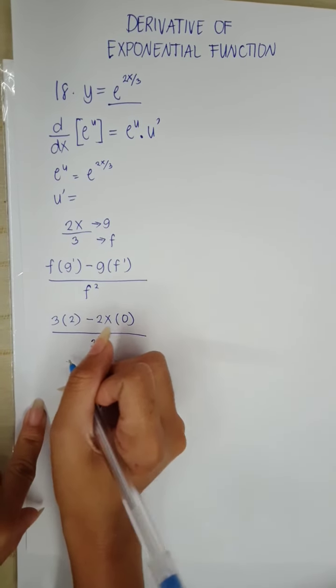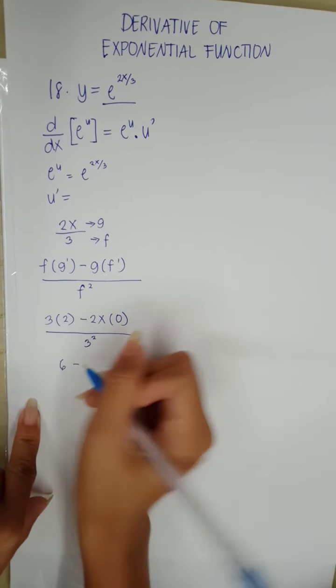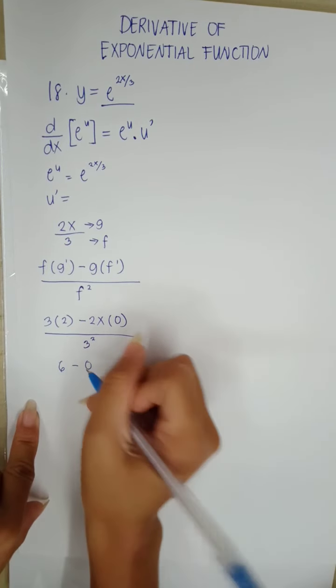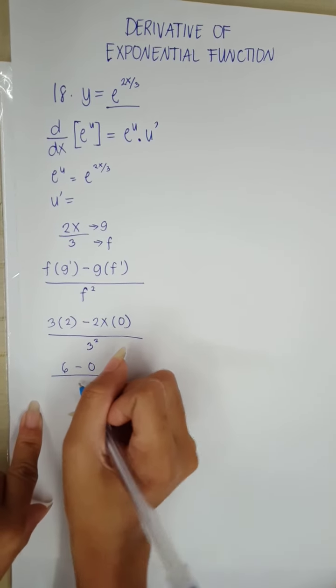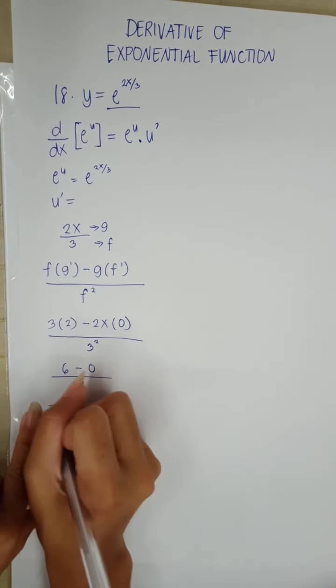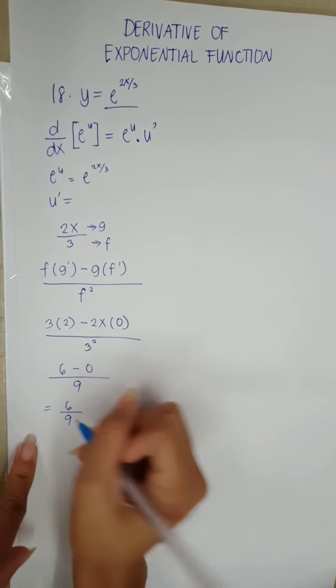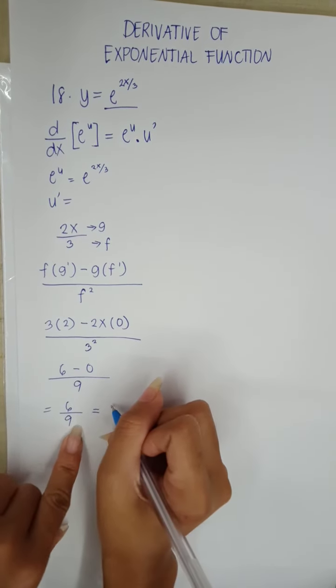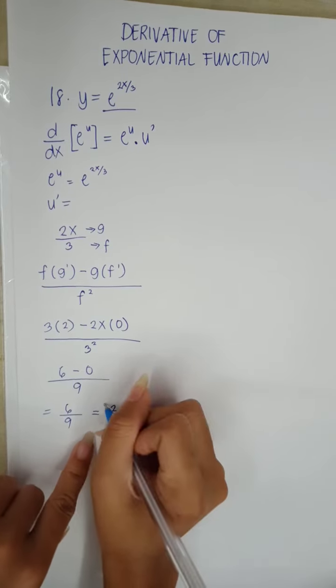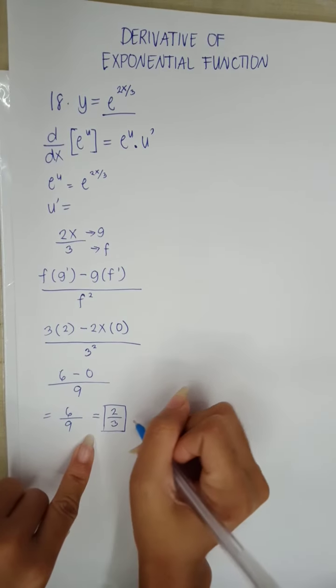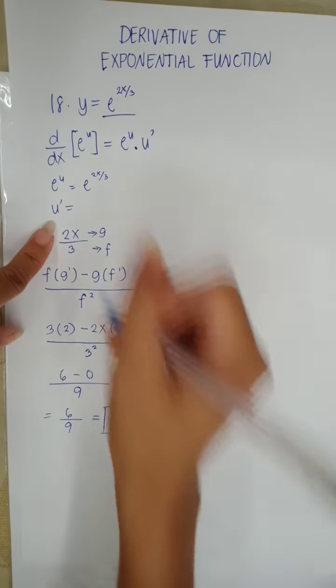So 2 times 3 is 6 minus 2x times 0 is 0, over 3 squared is 9. So equals 6 over 9. Simplify, 2 over 3, and that is our u prime for this.